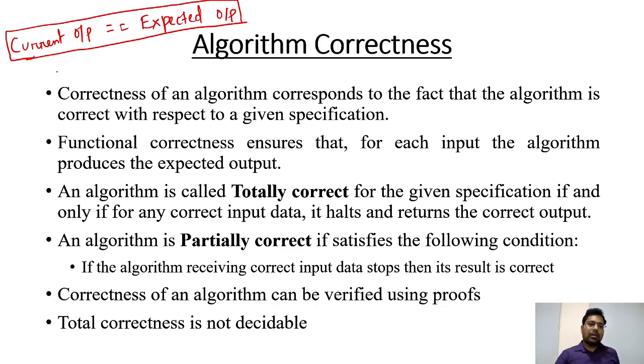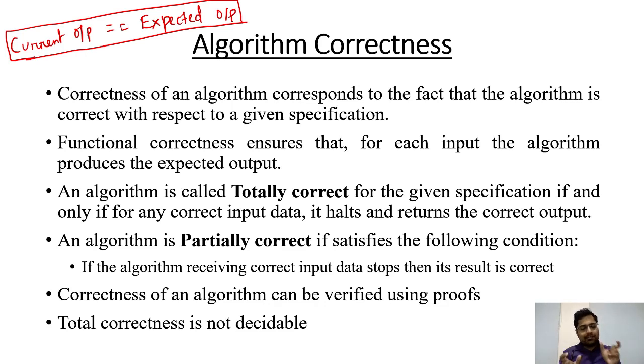Like the same example: you have written code to find whether a number is even or not. If you input the number 10, as per expectations 10 is even. If your code is giving that 10 is odd, your current output, which is odd, is not equal to the expected output, which is even.